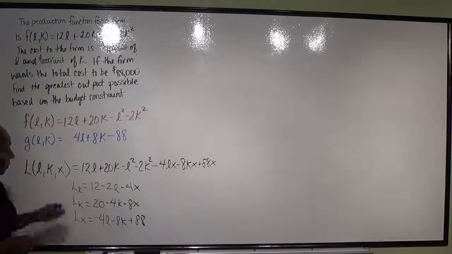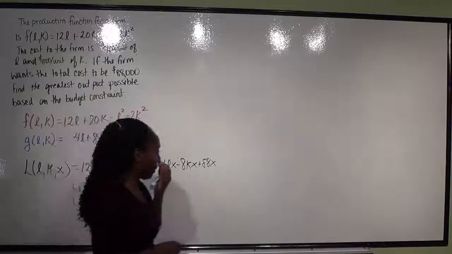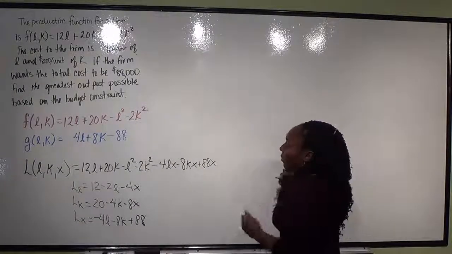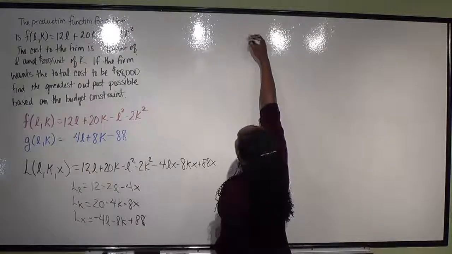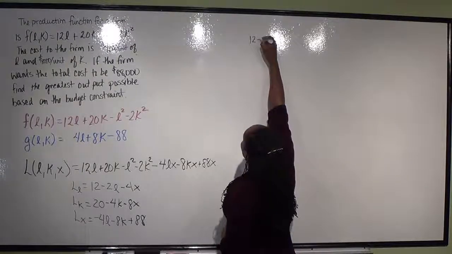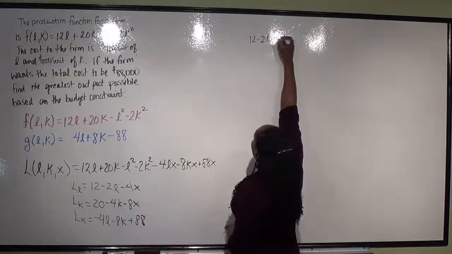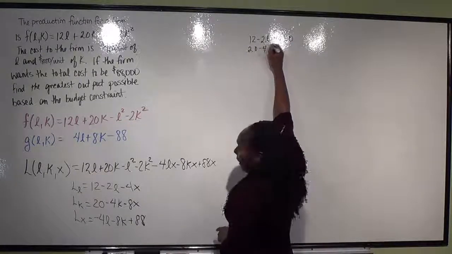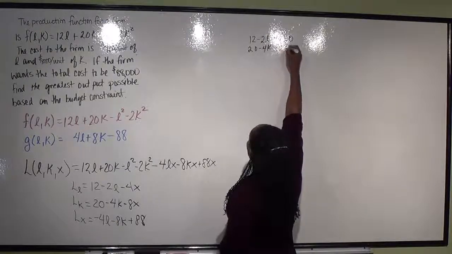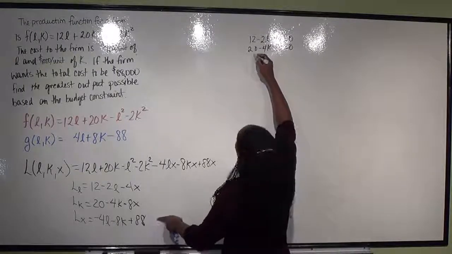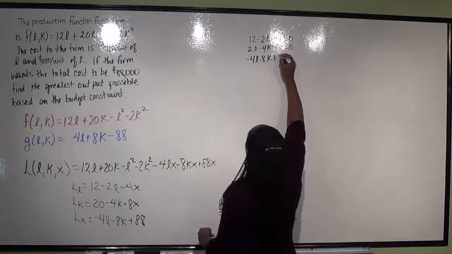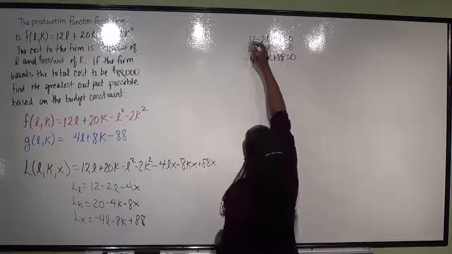Okay. Now, using those, I'm going to set up my system and solve. So my system here: 12 minus 2L minus 4 lambda equaling 0, 20 minus 4K minus 8 lambda equaling 0, and negative 4L minus 8K plus 88 equal to 0.